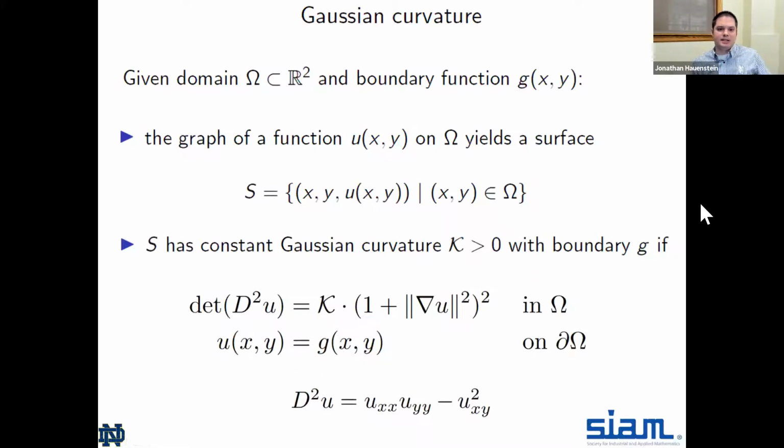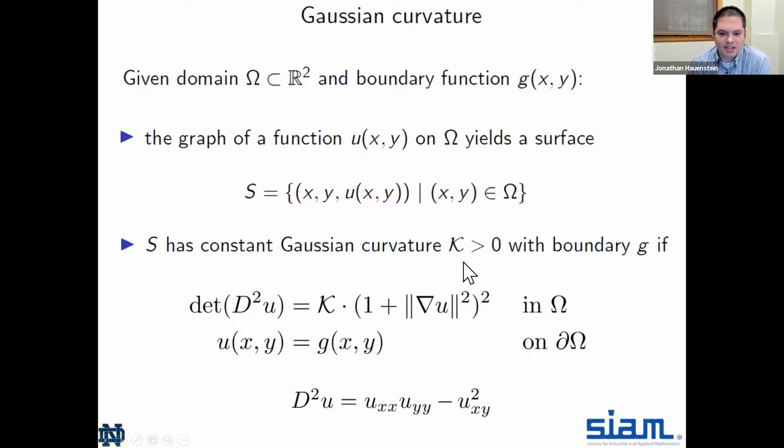Okay, so let's describe the setup. You start with some domain over the real numbers, and you're given some boundary function G. You want to describe a surface by a function over that. So you look at the graph of a function over your domain. So that's a surface. And now you want to find the surfaces which have a constant Gaussian curvature.